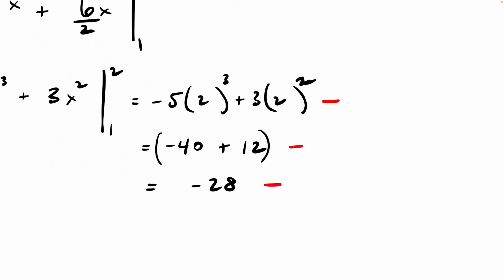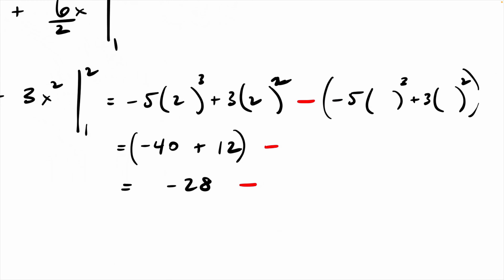From when I plug in the lower bound. The lower bound is 1. So negative 5x cubed plus 3x squared. Plug in 1, plug in 1. So 1 cubed is 1 times negative 5 is negative 5, plus 1 squared is 1 times 3 is positive 3.